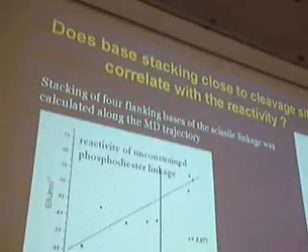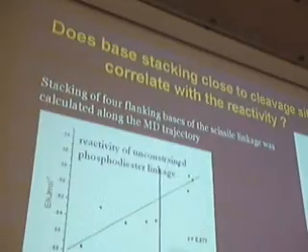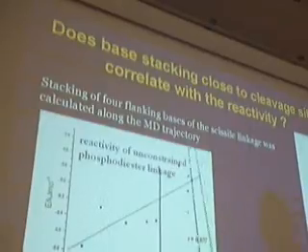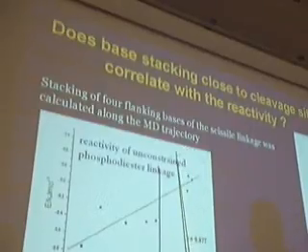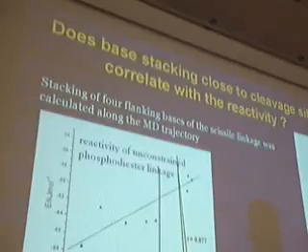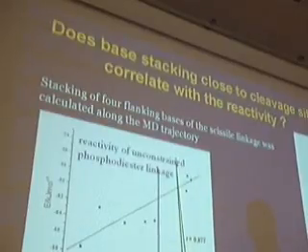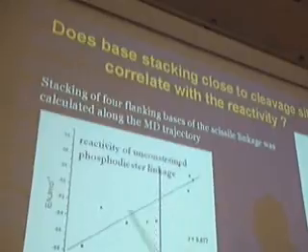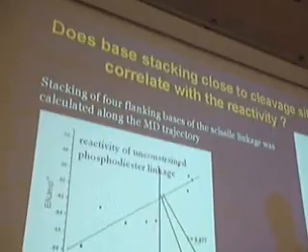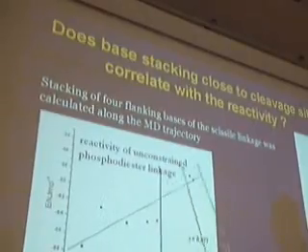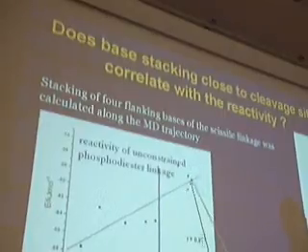Here is poly U. Now we see that some of the cleavages actually are faster than within a fully relaxed chain. This is easy to understand, that base stacking retards the reaction, but how can base stacking accelerate the reaction?